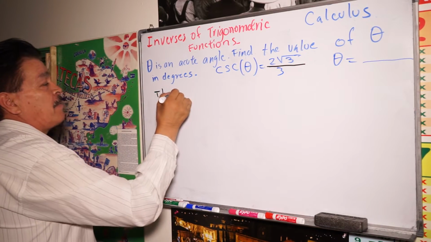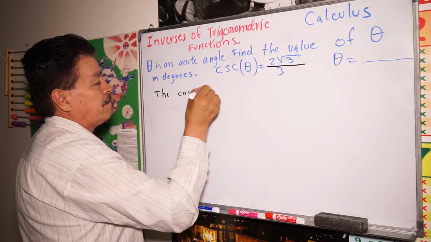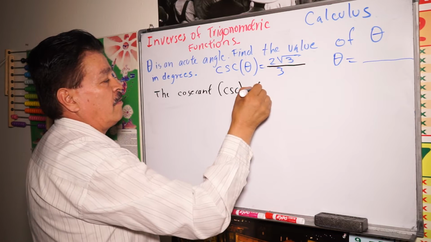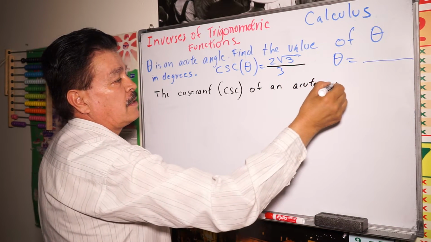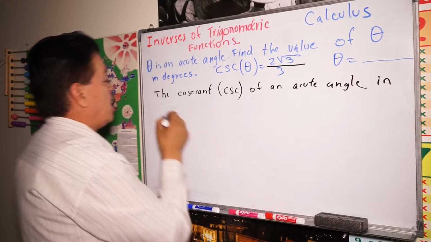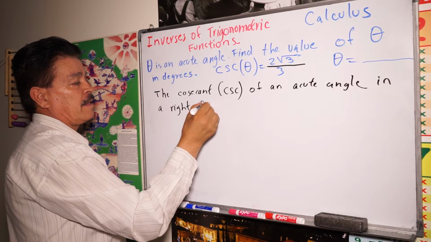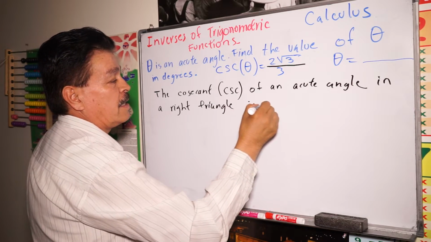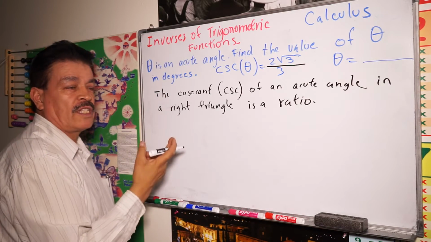The cosecant, just to review this concept, of an acute angle in a right triangle is a ratio. We explained it in this class before.